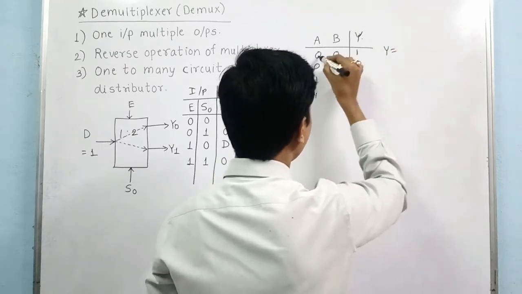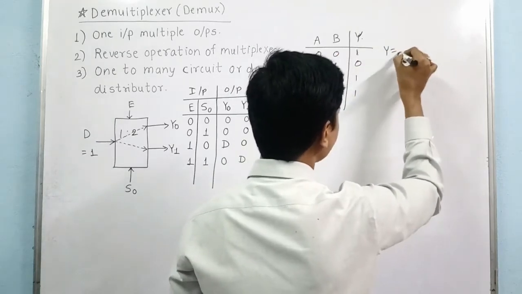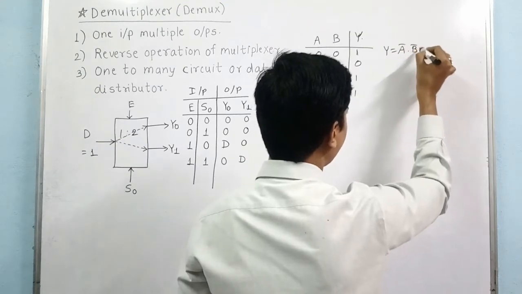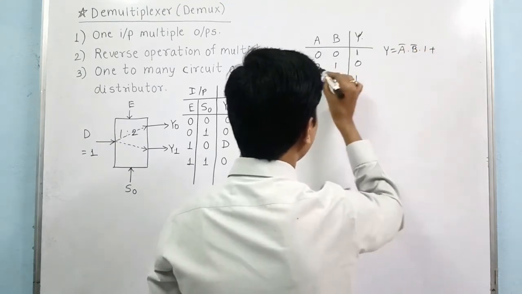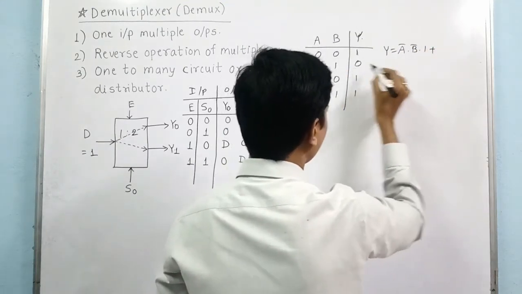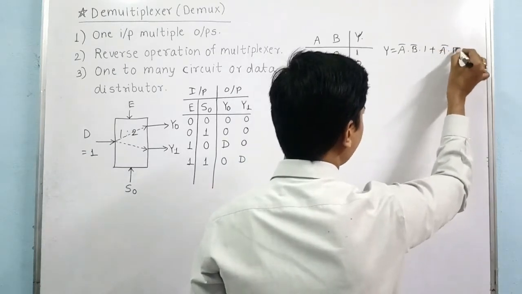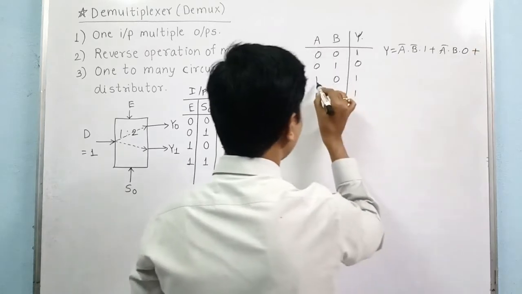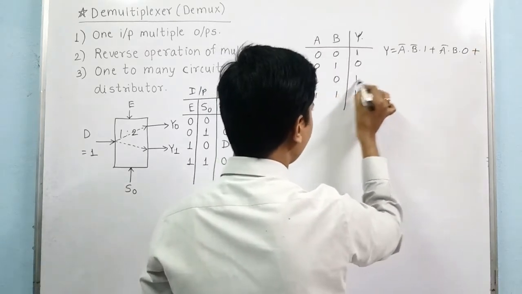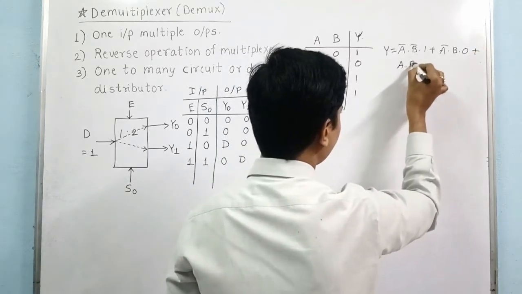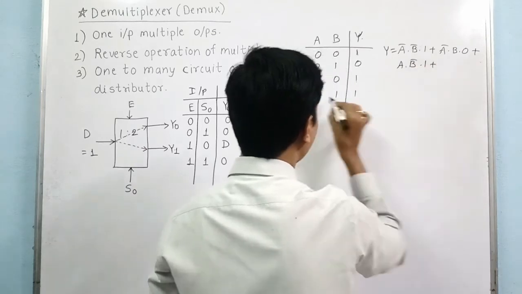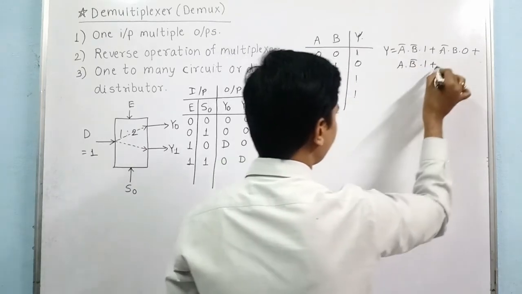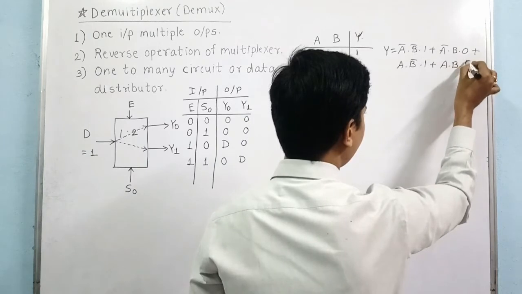So first, A bar B bar into 1, plus A bar B into 0, plus A B bar into 1, plus A B into 1.